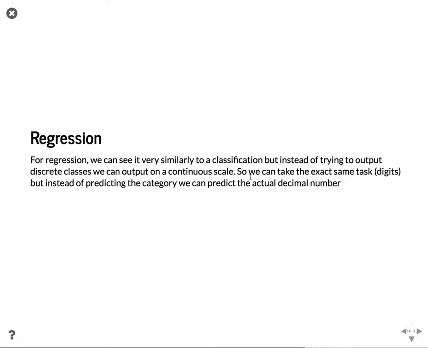And so we can take, luckily with this data set, the exact same task of the digits, and instead of predicting a category, we can predict the actual number. So we have the model output a number between 0 and 9, where it can also output fractions. So it could output 9.2.